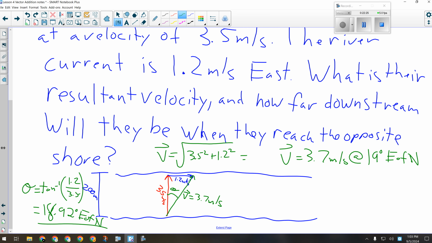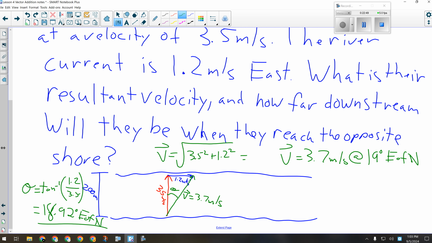3.5. Here's the thing we need to know about boat questions that's different. When we do a displacement question, it's this one happened first and then this one happened second. In a boat question, these two vectors are happening simultaneously. It doesn't change fundamentally how we do this. We still treat it like one happens and then the other.